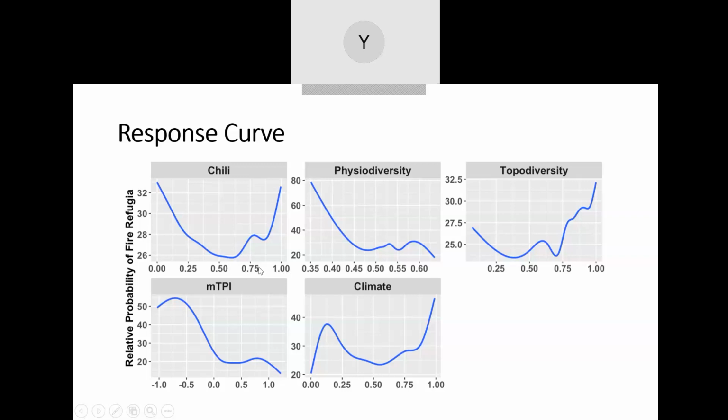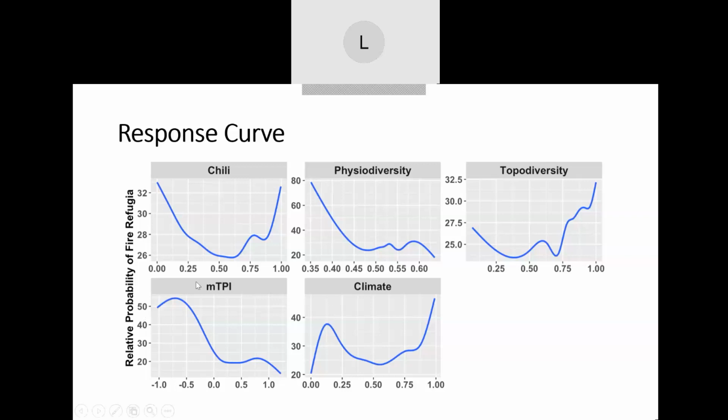We are hypothesizing that the hotter it is, the more likely it is to be burned. It frequently burned, so the subsequent fire will have low severity. So the left-hand side shows the low frequency, and the right-hand side shows the low severity response to the Chilling index.